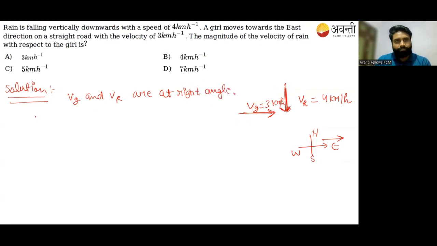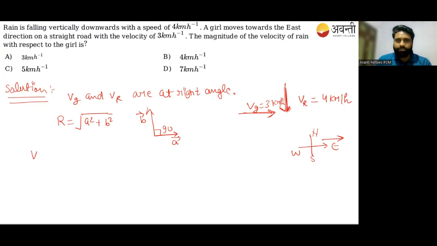So if this is vector A and this is vector B, what is the magnitude if the angle between them is 90 degrees? It is simple: the square of the magnitude of vector A plus the square of the magnitude of vector B. So R is equal to root of A square plus B square. It is a very simple kind of question.